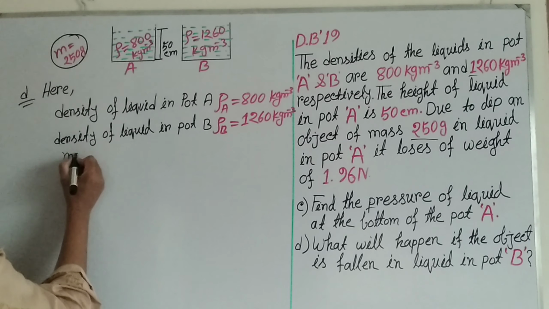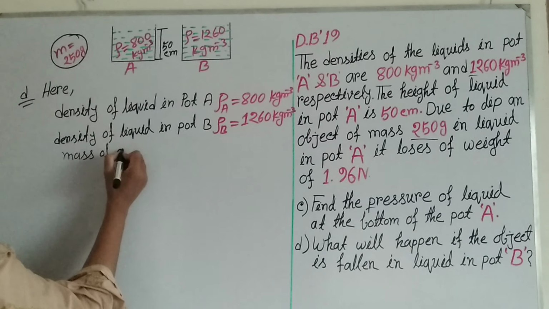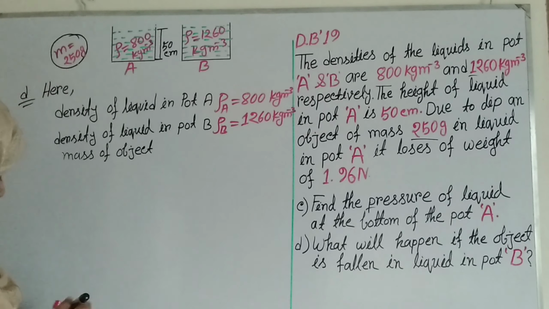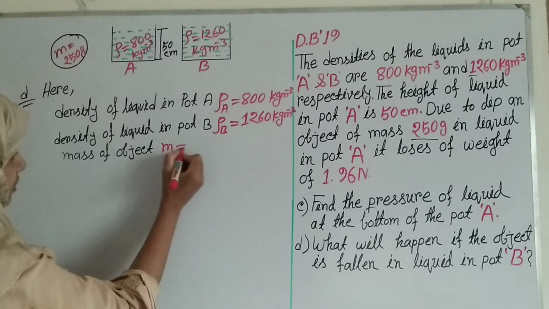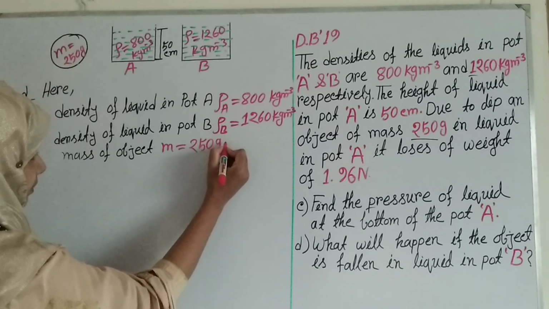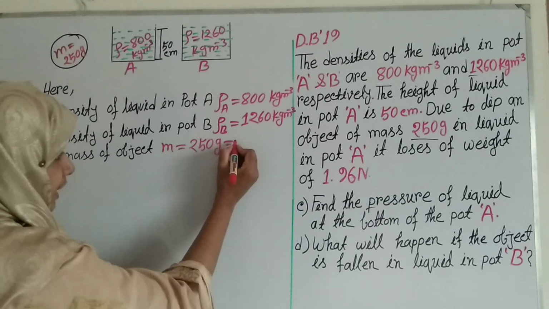The mass of the object, M, equals 250 gram, and converting it into kg we get 0.25 kg.